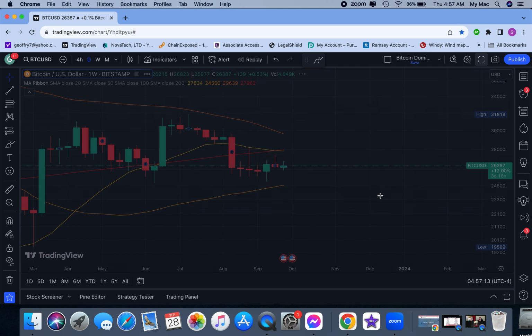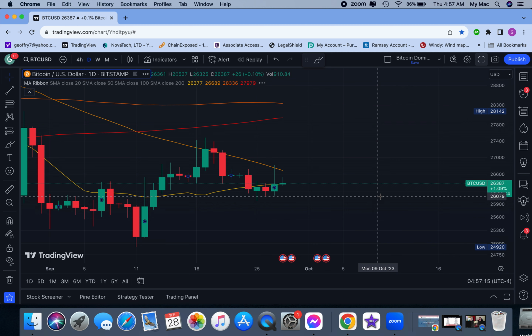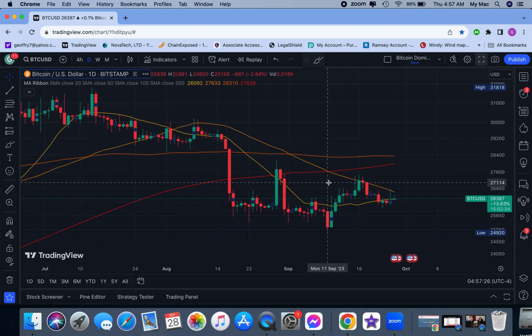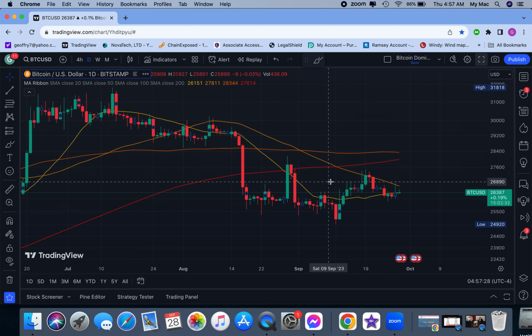So now if we zoom into the daily chart, you can see we're kind of riding the bottom band, but the bottom band is starting to curve up. And this yellow band, you'll notice, is the one that moves from the top to the bottom. This is the 20 period moving average. So on this one, it would be the 20 daily moving average. So we're right at basically the 20 daily moving average.